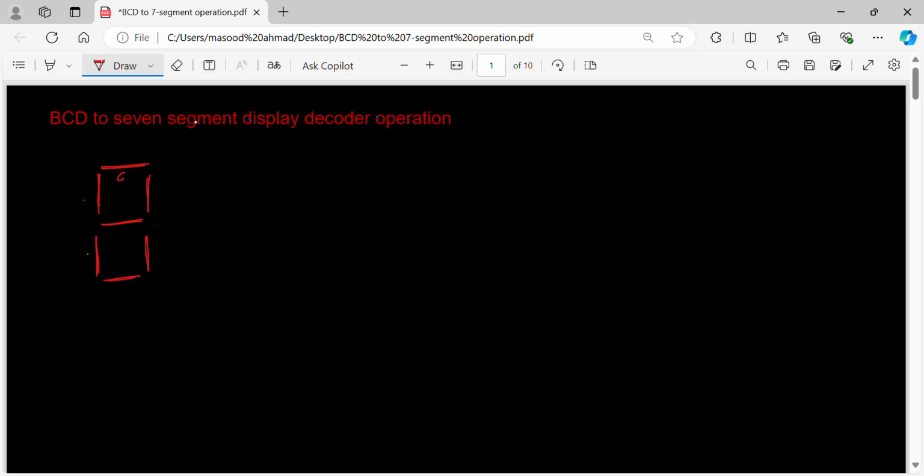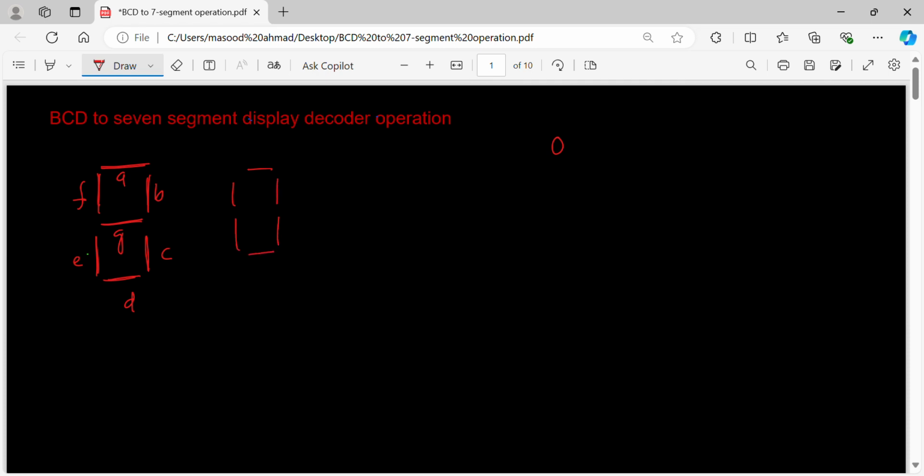So this is A, B, C, D, E, F, G. Let's suppose I want to display 0. To display 0, we will display this. This is 0.